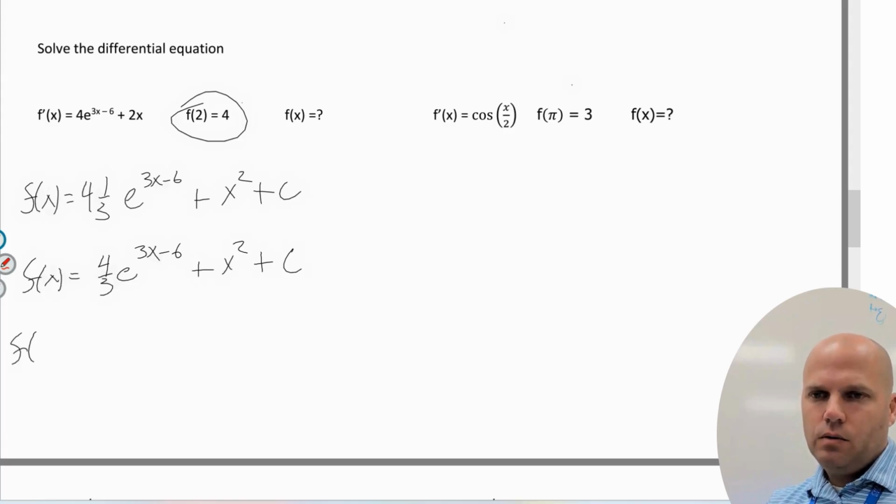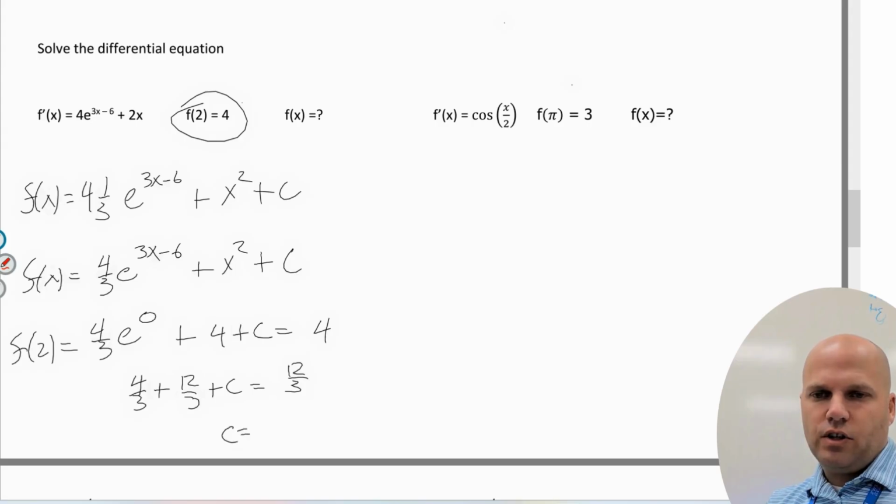F of 2 equals 4. That's 4/3 e to the 0 plus 4 plus c equals 4. E to 0 is 1. 4/3 plus 12/3 plus c equals 12/3.